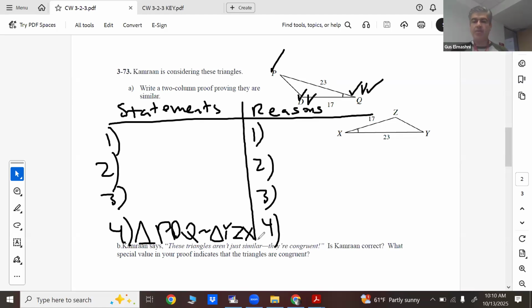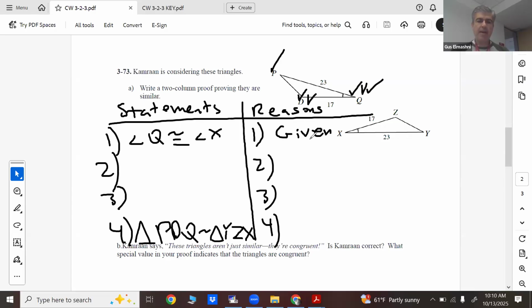So what am I given so far? Definitely I'm given that angle Q is congruent to angle X. That's given.